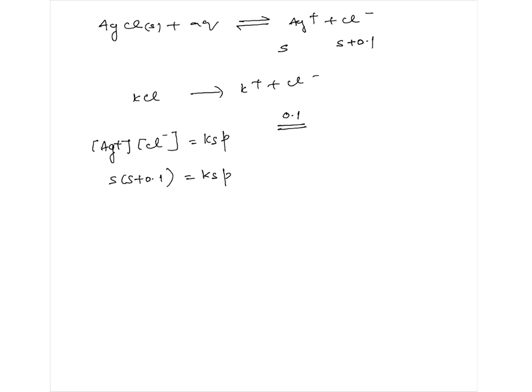So what happens is that you have ease of calculation. S into 0.1 is approximately equal to KSP. And then you can find solubility, KSP upon 0.1 in this case.